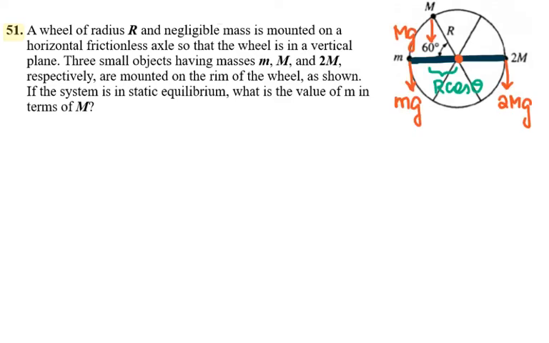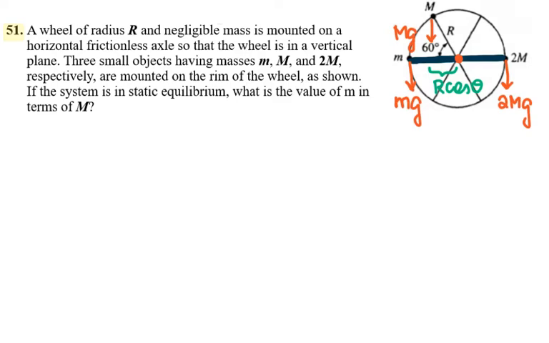So the question is, given that there are masses m and 2m, they want you to find the value of the lowercase m in terms of the capital M, in order for this system to stay in equilibrium.